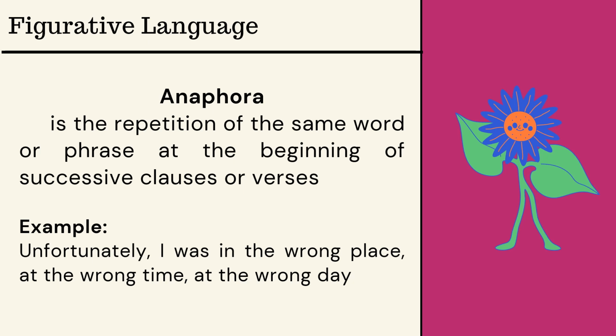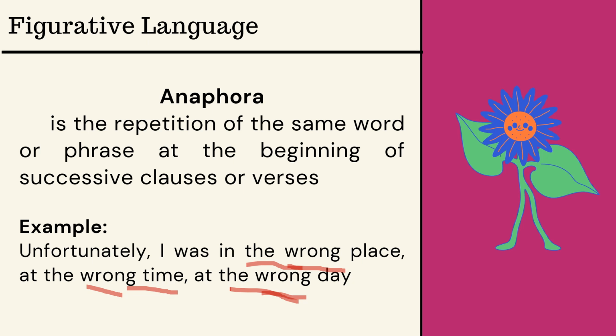Okay, we have here wrong. The word wrong is being repeated, or the phrase the wrong, right? I was in the wrong place, the wrong time, wrong day. Get that? So it's a repetition of the same word or phrase at the beginning of successive clauses or verses. Anaphora. Alliteration, we are repeating consonant sounds.